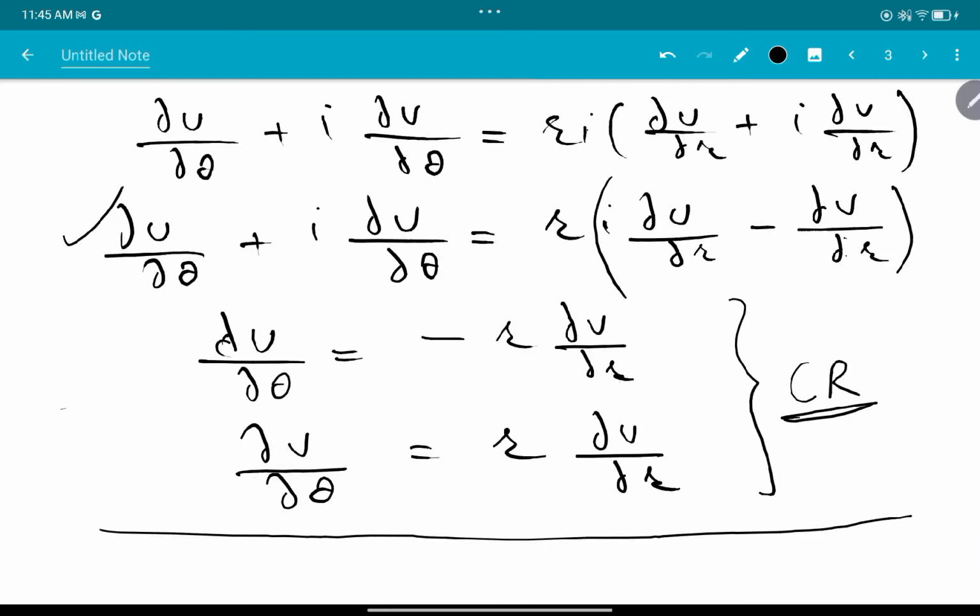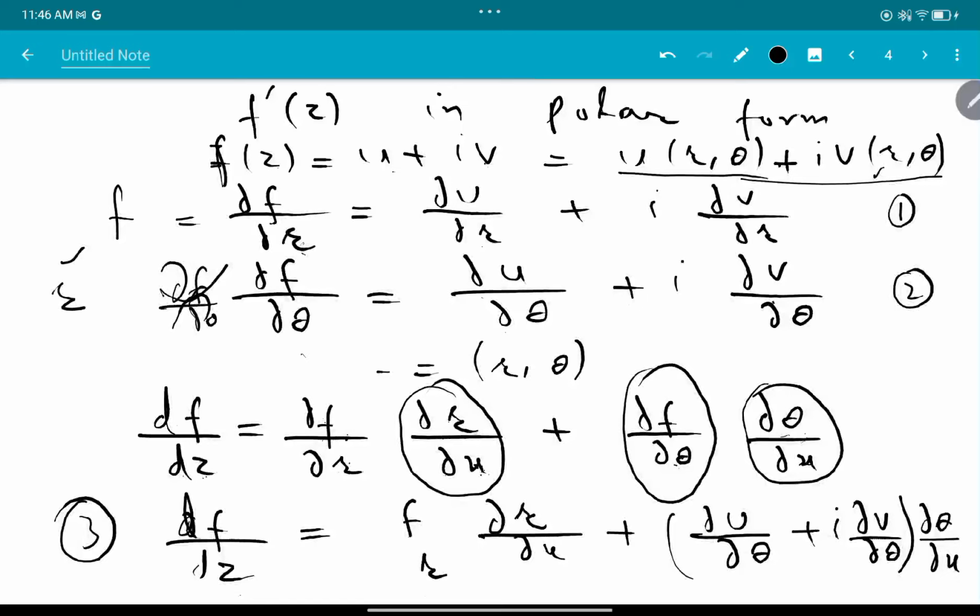This is the solution: del u by del theta is equal to minus r del v by del r, and del v by del theta is equal to r del u by del r. Let's go and write this back once again here. Del u by del theta is equal to minus r del v by del r. Del v by del theta is equal to r del u by del r.